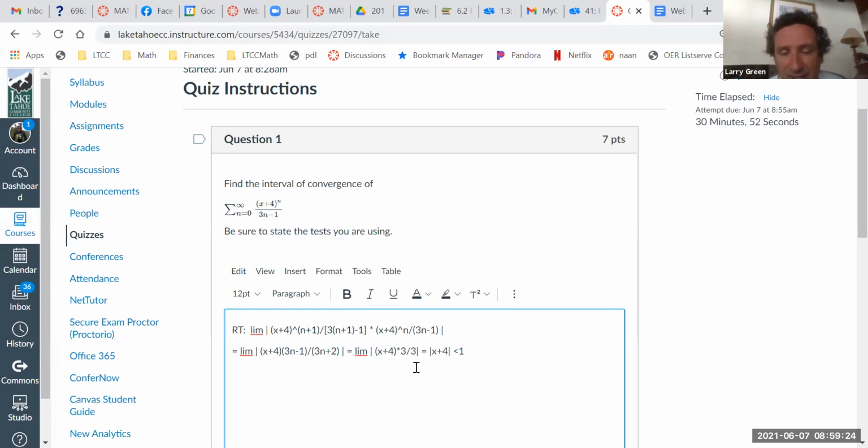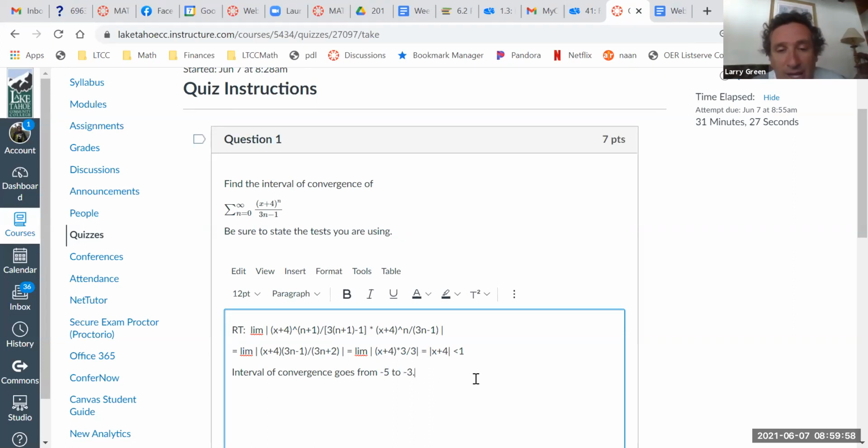So right away, the radius of convergence is 1, but we want the interval of convergence. If x is -5, we get 1, and if x is -3, we get 1. So it goes from -5 to -3.